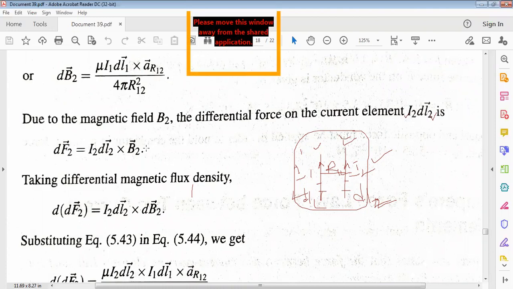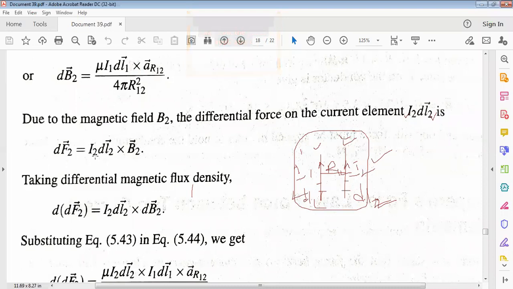Simply, I into B into dL, that is the general expression for force due to another current element: F equals B I L, BIL. That is a standard expression. Here the same is expressed as B2 into I2 into dL2.